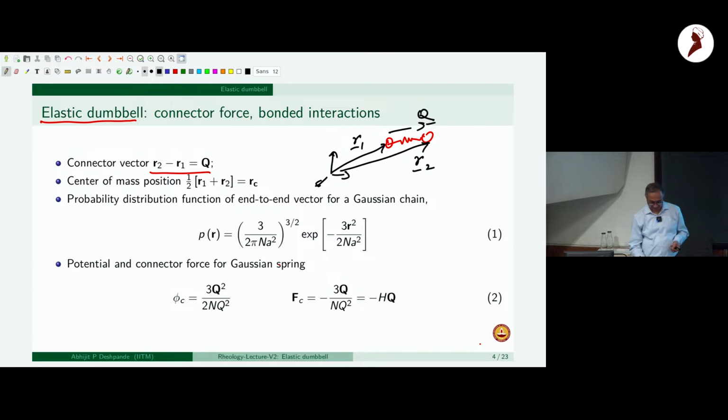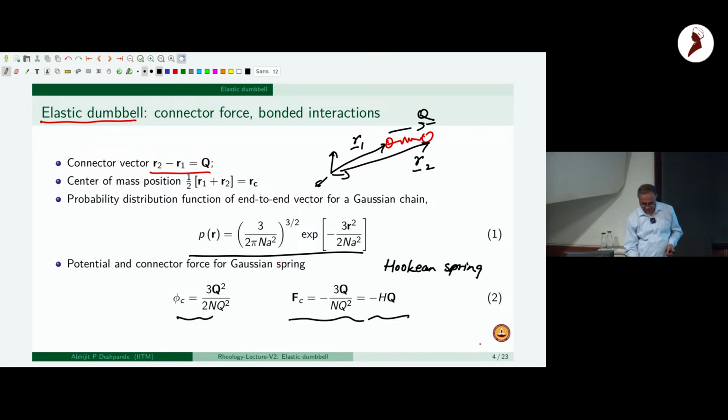We use the Gaussian chain approximation to get a connector force which is linearly proportional to the extent of stretch. This is the Hookean spring. And so the Hookean dumbbell is the simplest possible model of a polymer solution.